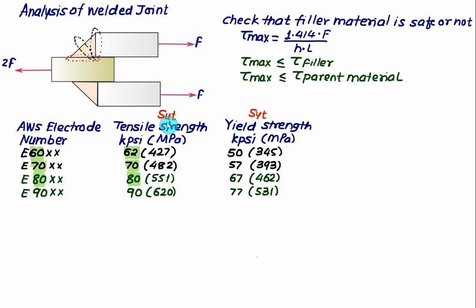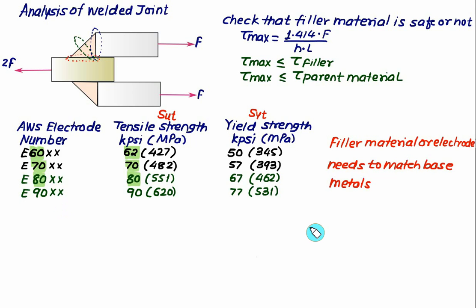The SUT value is always higher as compared to SYT. 62 is higher as compared to 50, 70 is higher as compared to 57. So it is your job to select the right electrode or the right filler material. Then only is the welded joint safe. So you always have to select the filler material or electrode and match the tensile strength or the yield strength of the metals, that is, the parent metals.